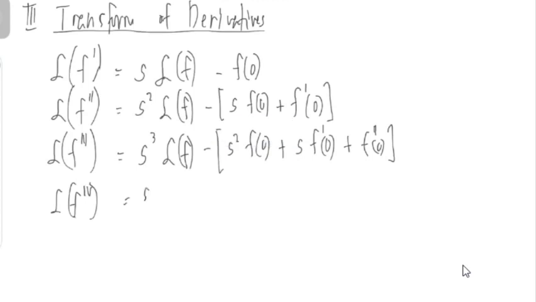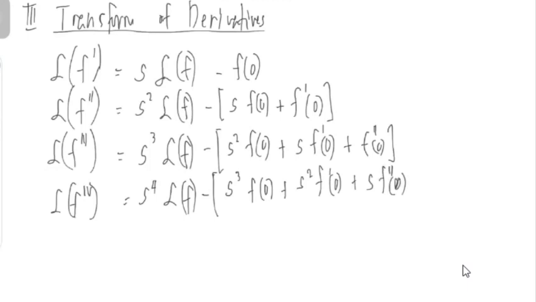S to the fourth, Laplace transform of the function, minus quantity of s cubed, then f of 0, next, s squared, then first derivative of f at 0, plus s, second derivative of f at 0, plus third derivative of f at 0. Meron pa? Wala na po.